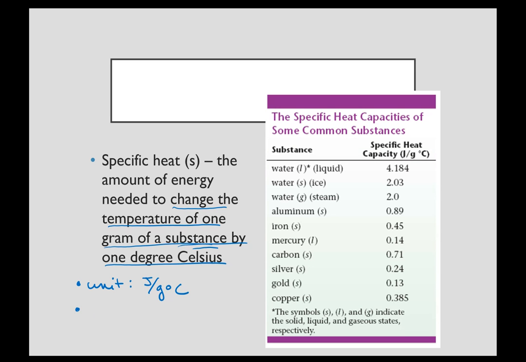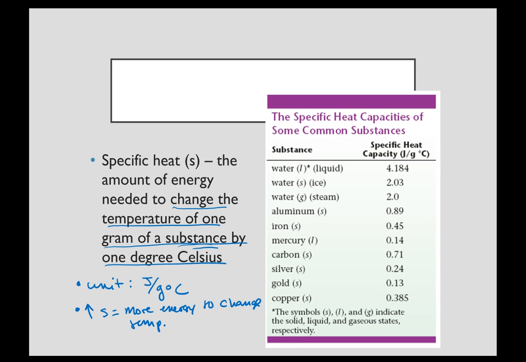The higher the specific heat, the more energy it takes to change the temperature. So something like water with a specific heat of 4.184 joules per gram degree Celsius takes much more energy than something like gold, which is 0.13.